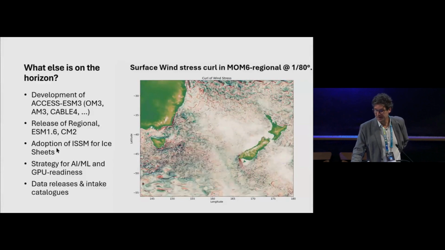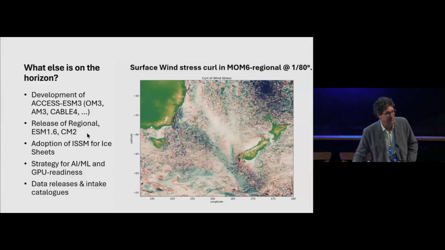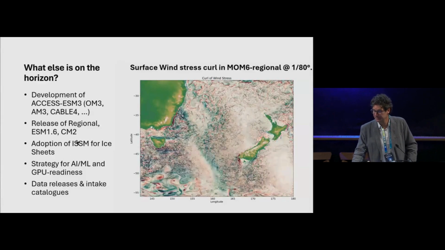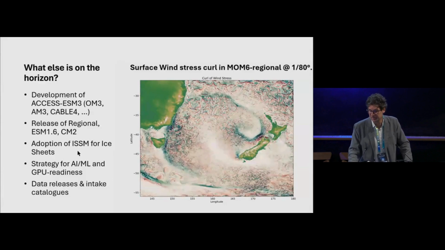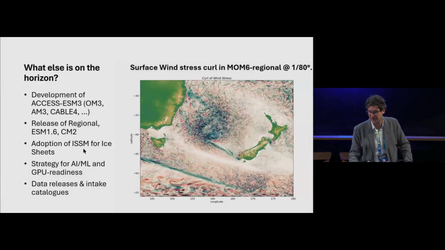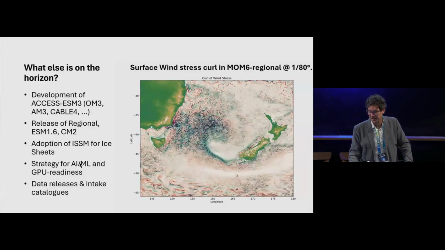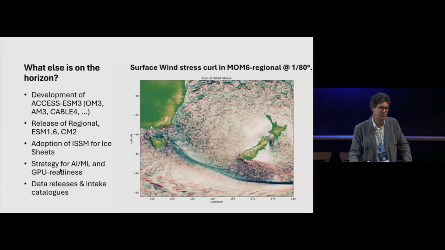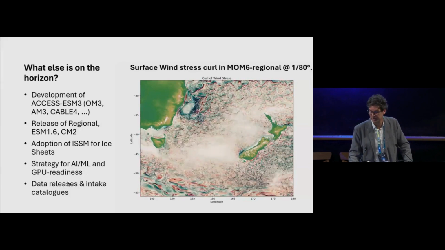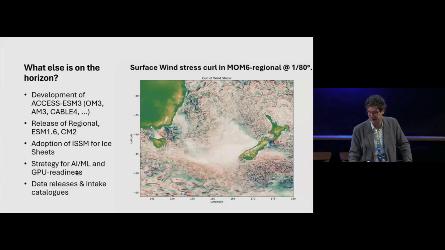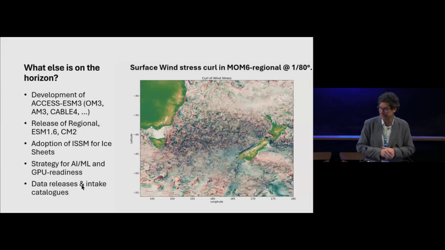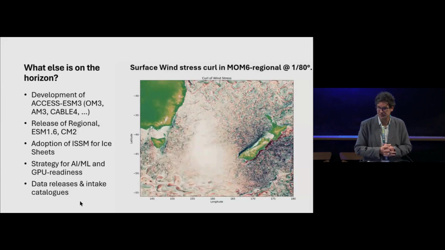We're thinking hard about future technology and the role of AI/ML and GPU readiness, and so we're going to put together a strategy for that, and there'll be more on this topic later in the week. And we're getting to the process of releasing model output data and other data releases, as well as being able to catalogue and find this data on the NCI system.